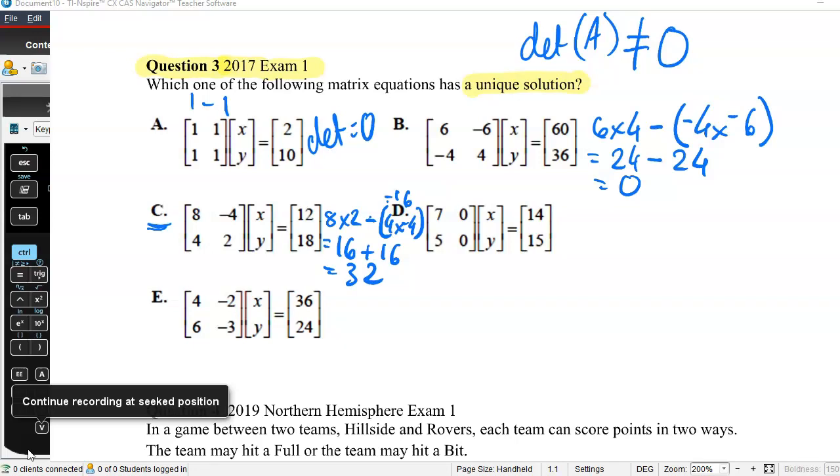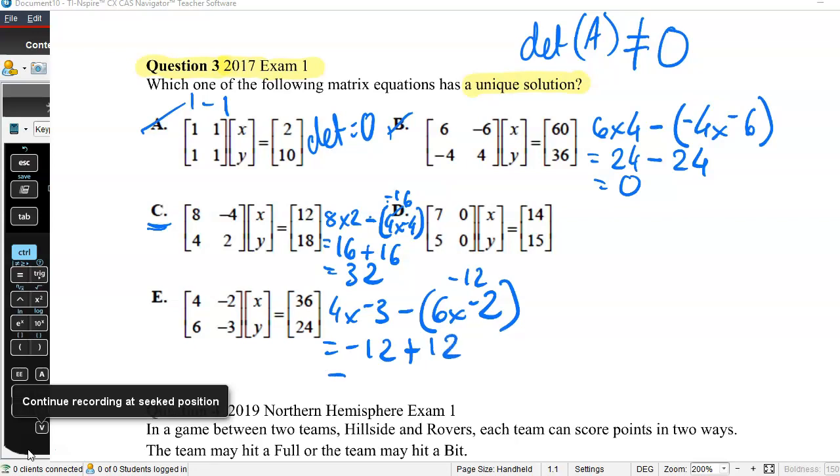This one's quick, so 7 times 0 is 0, take away 5 times 0, which is 0, so determinant 0. 4 times -3, take away 6 times -2, so that's -12. That'd be plus because that's -12 plus 12 equals 0. So yes, C.